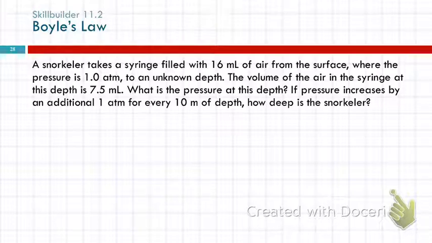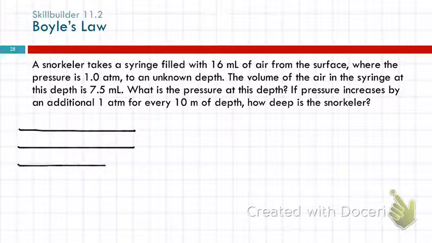Okay, so this problem is a lot more complicated. It's got a lot more words than the last one. We can still do this, though. We're going to take the same approach. We're going to make a table. We're going to fill it out by putting in numbers. So the first number we come to is 16 milliliters.